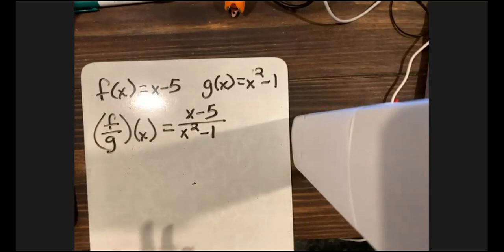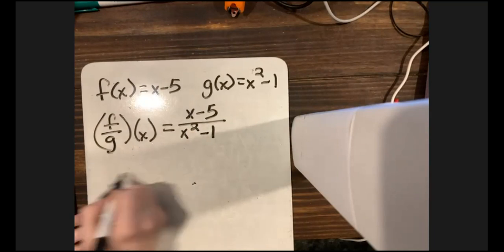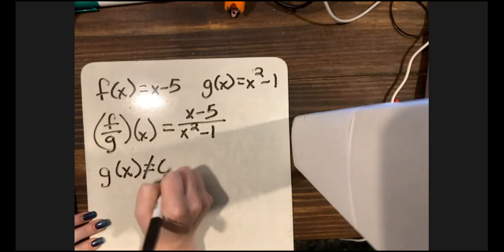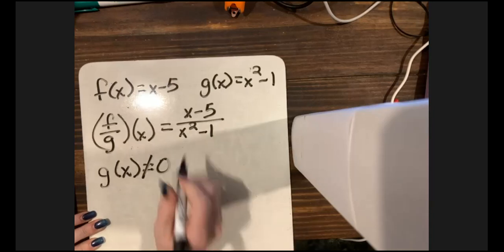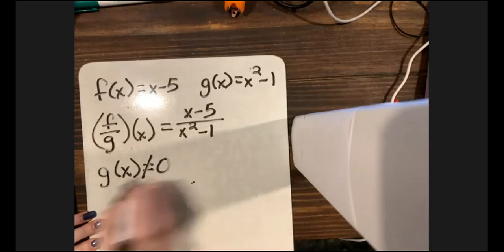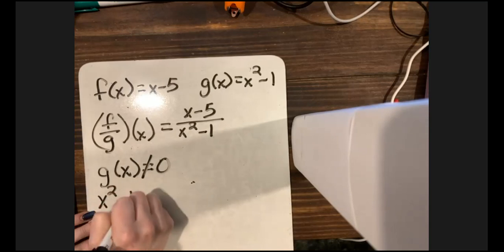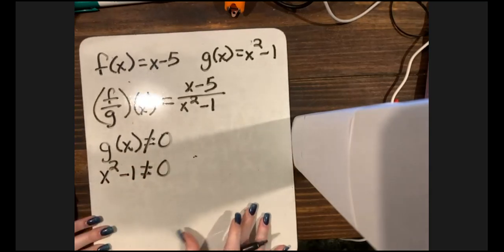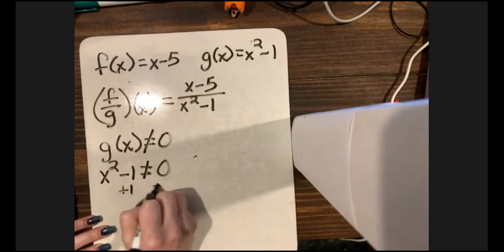Now, oftentimes that's as pretty as it gets. But if you remember on that other part, it said g of x cannot equal 0. Well, I need to go ahead and figure out what those values are going to be. So x squared minus 1 cannot equal 0. We'll add 1.